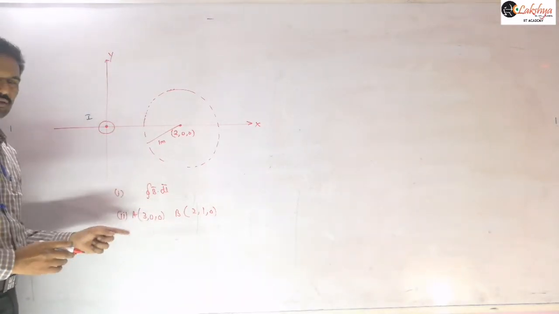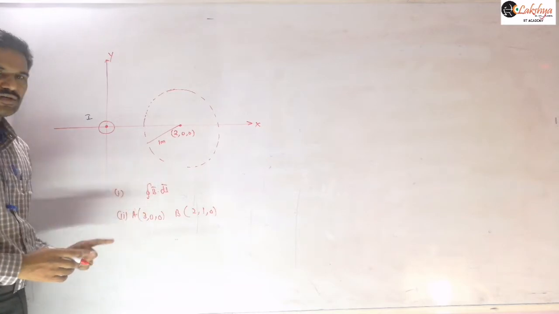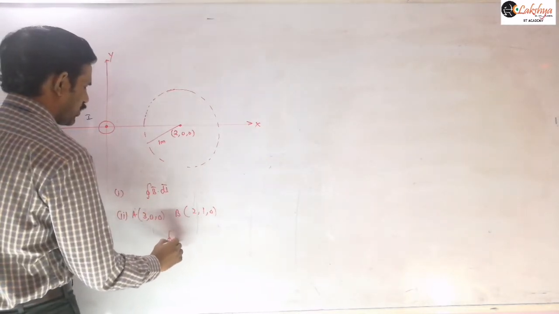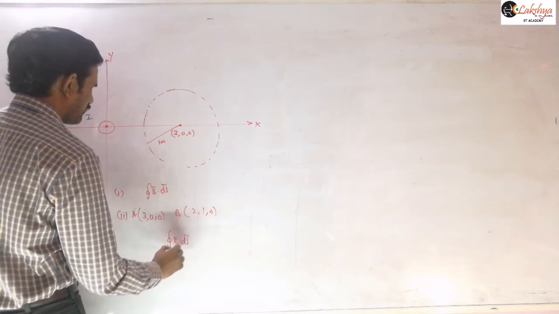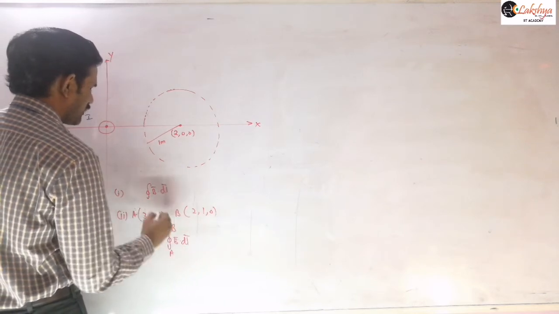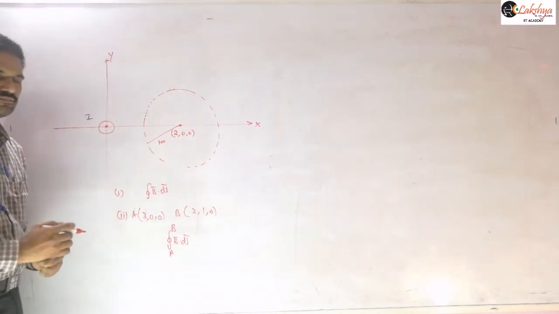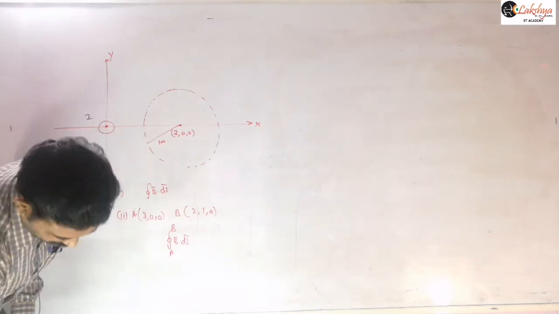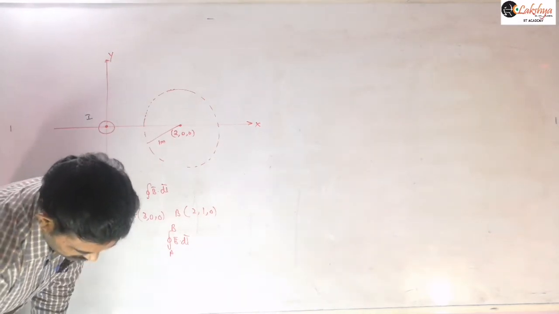Consider the points A (3, 0, 0) and B (2, 1, 0). Then find the line integral of B bar dot dl bar from A to B. Right?